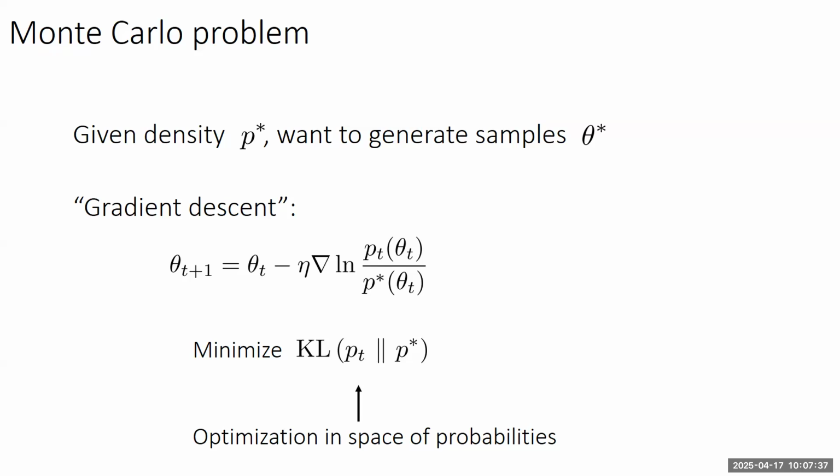Nothing else needs to be done. But is there any problem with this? Can we actually implement it? So the target density is fine. We know it up to a normalization constant, and taking the gradient of the log, we can directly compute it. The problem happens with P_t.